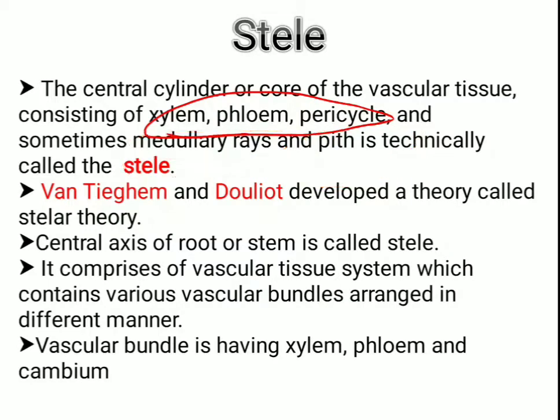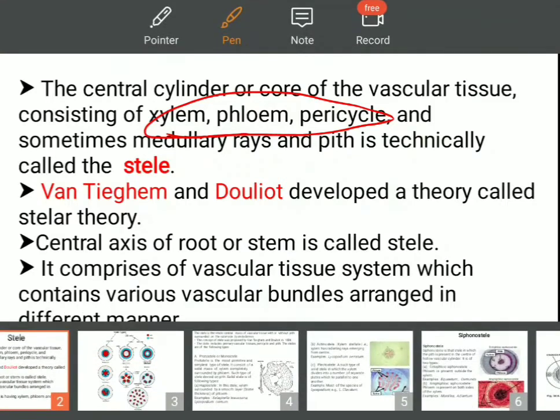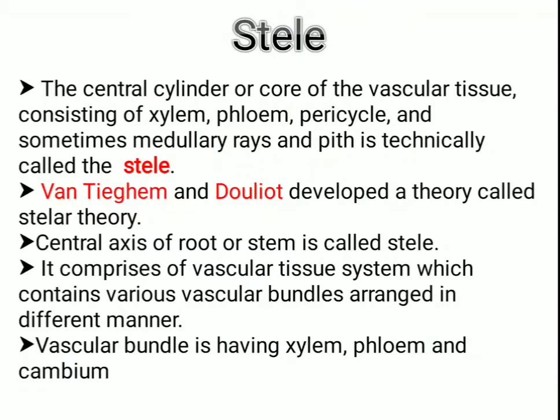The central cylinder and core of vascular tissue consisting of xylem, phloem, pericycle, and sometimes medullary rays and pith is technically called stele.